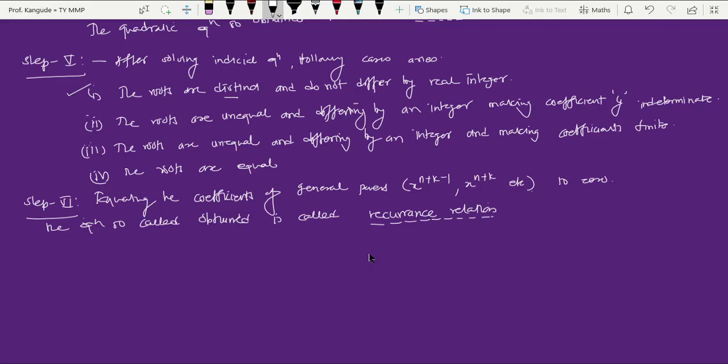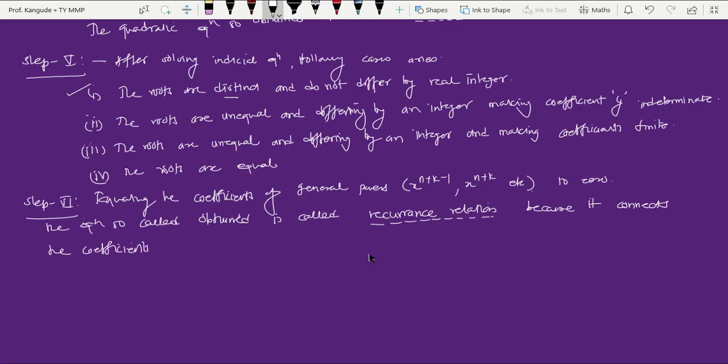Now we are learning the method. Once we understood this method, then we are going to apply this for different problems, and in that case we will understand the importance of this recurrence relation because it connects the coefficients.